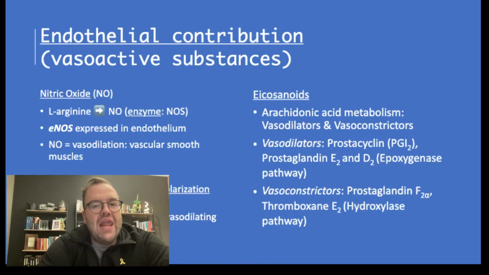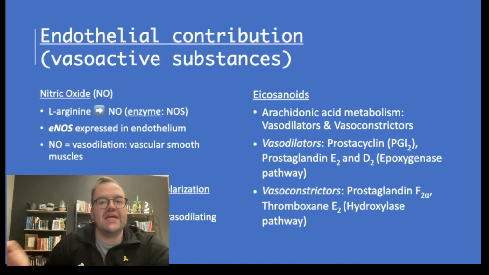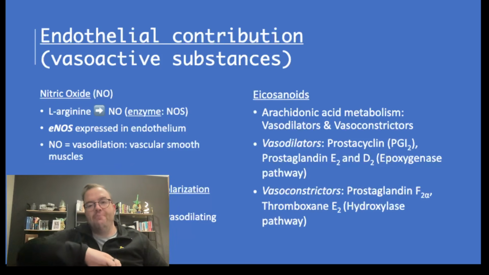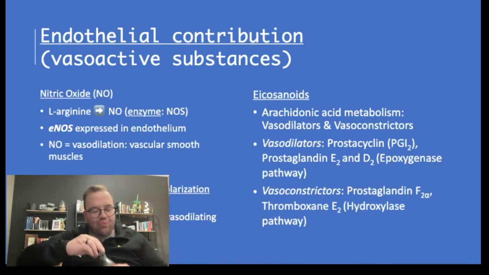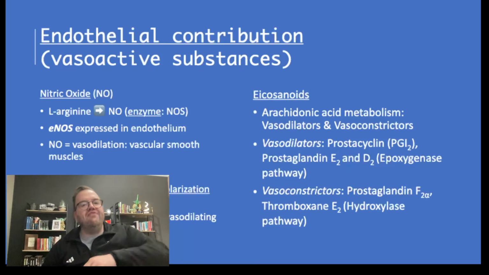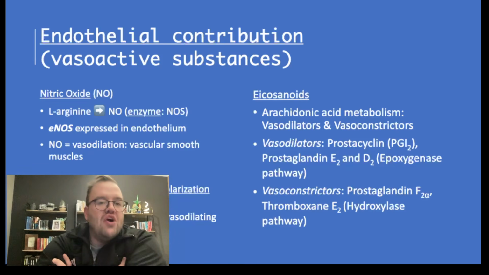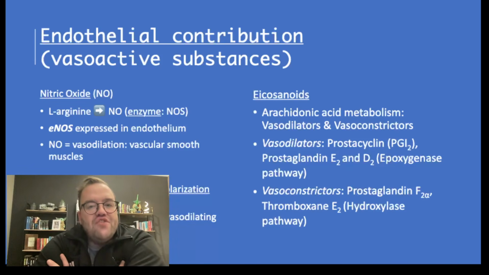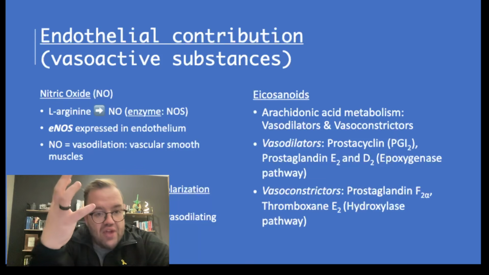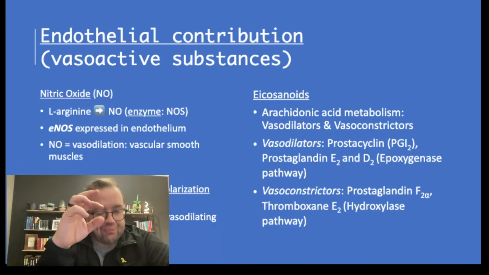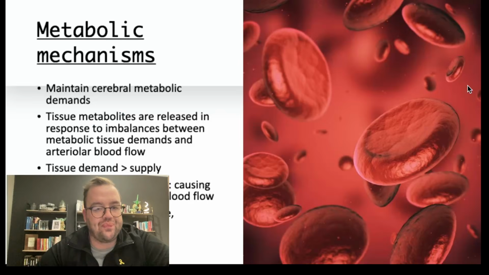Vasodilators such as prostacyclin, PGI2, and prostaglandin E2 and D2, in the epoxygenase pathway, will cause vasodilation. Vasoconstrictors are also produced by the eicosanoids: prostaglandin F2 alpha and thromboxane. So the brain vasculature itself is very, very active at a myogenic level by intrinsic responses and at an endothelial level.